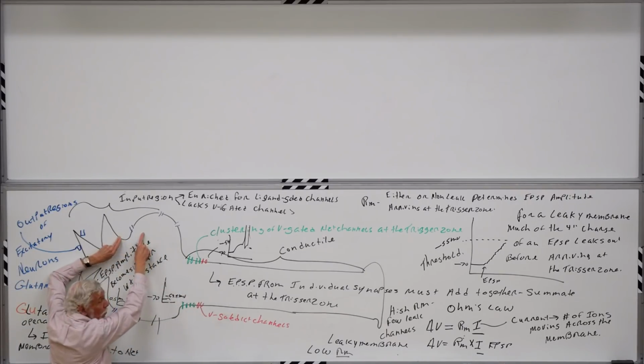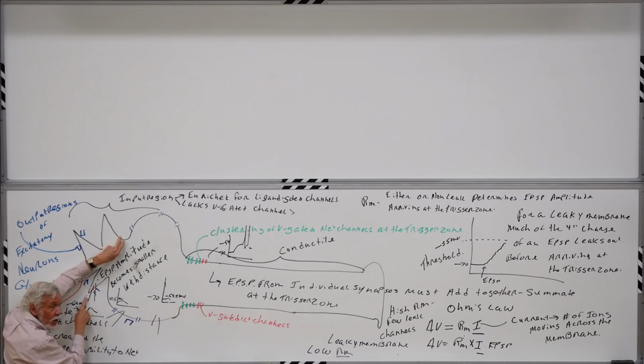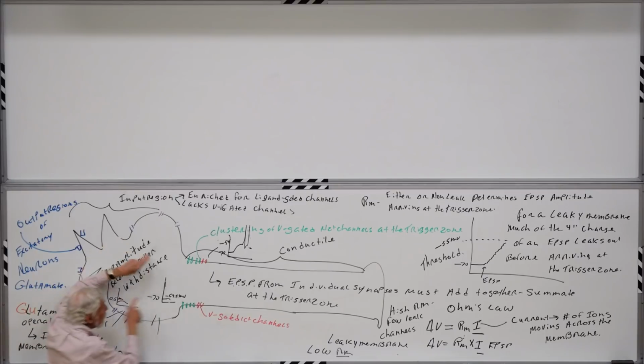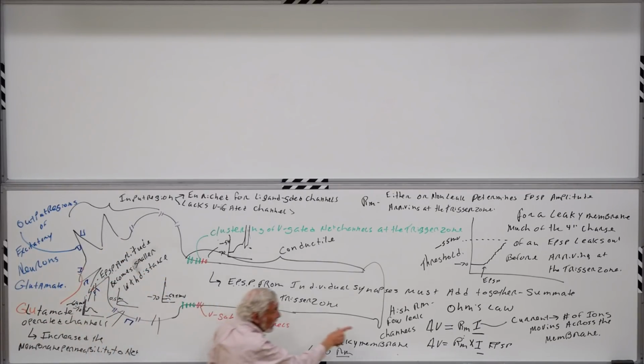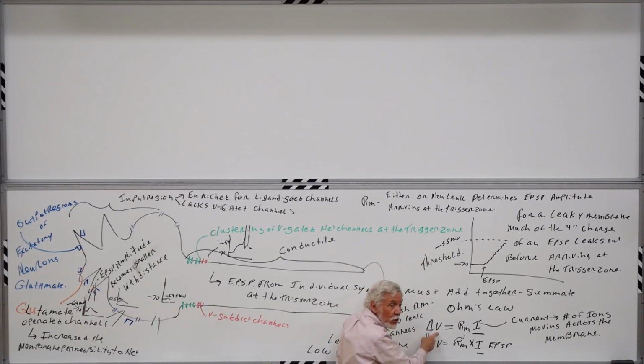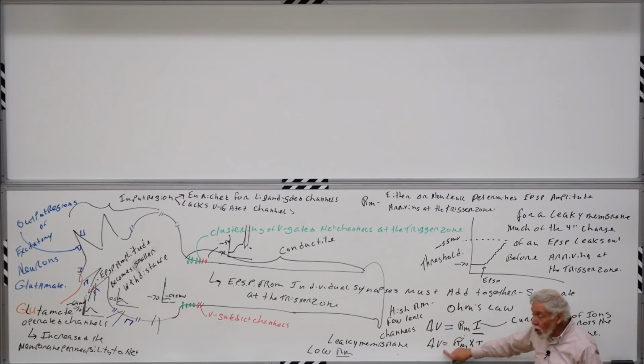The lower the membrane resistance, the more of that current laid on the membrane here at the synapse is going to leak out, so that means this potential will be smaller when it reaches here. So delta V, the amplitude of the potential arriving at the trigger zone, is proportional to the membrane resistance. The higher the membrane resistance, the bigger the delta V. The lower the membrane resistance, the smaller the delta V.